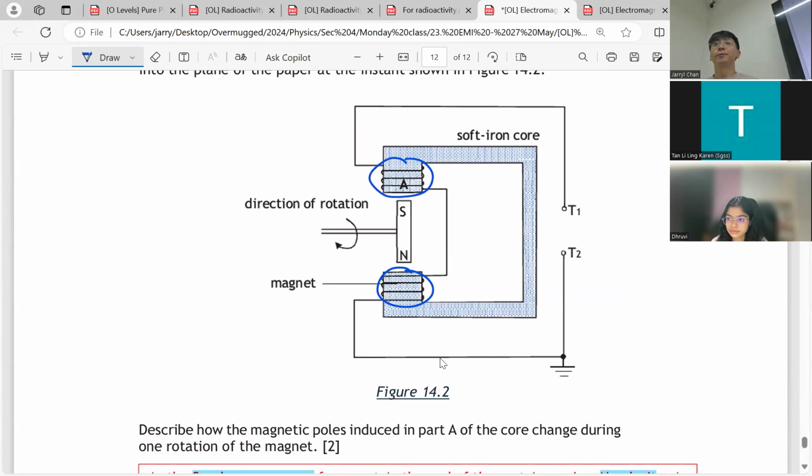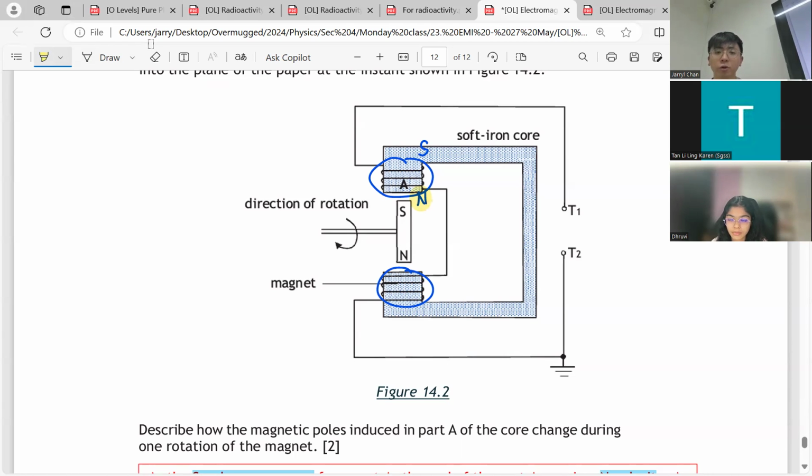Like a toxic ex-girlfriend: if the south pole wants to run away, I try to induce a north pole here. So at A, I'm going to have a north pole. The focus is really on this north pole. When the south pole rotates away, the north pole will then approach it.